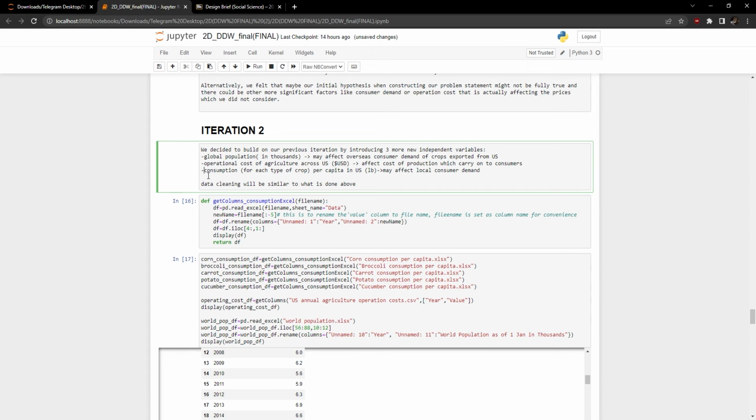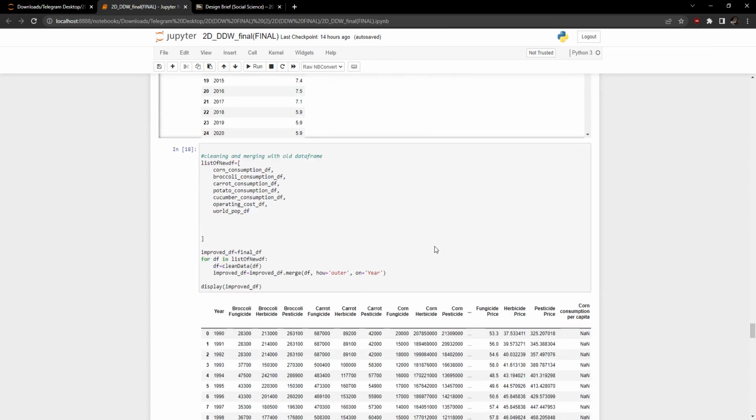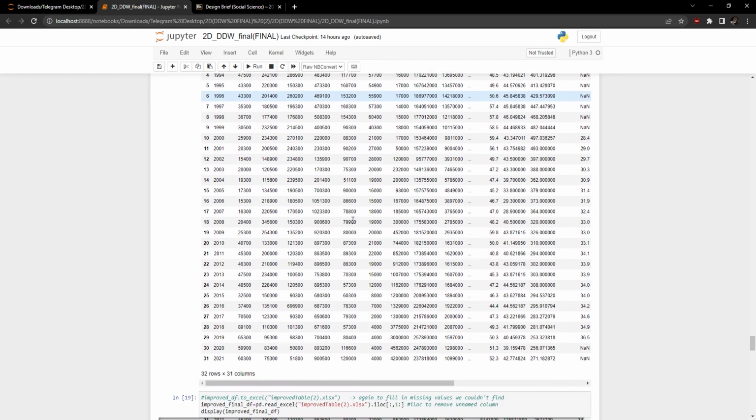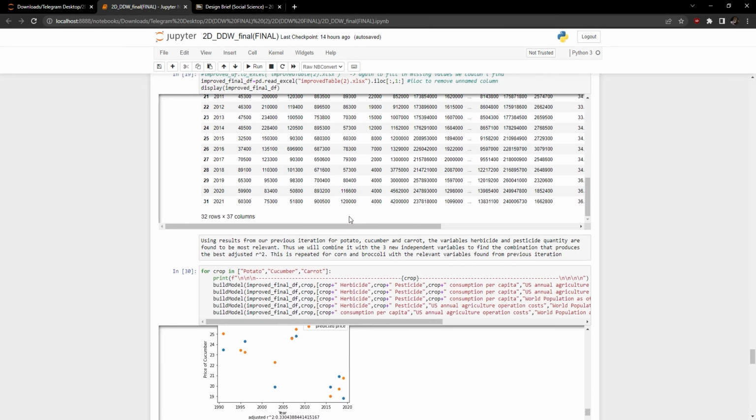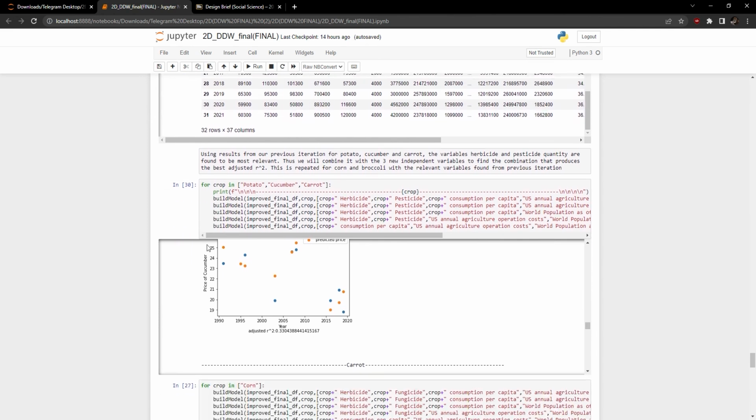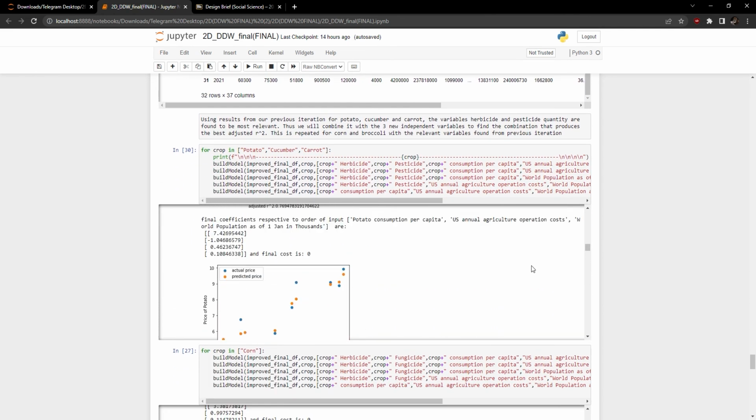And then we added in one more demand factor, consumption per capita in the US. We added in these data sets, cleaned them, and added them again into the huge data set. So this gives us new plots and new data.